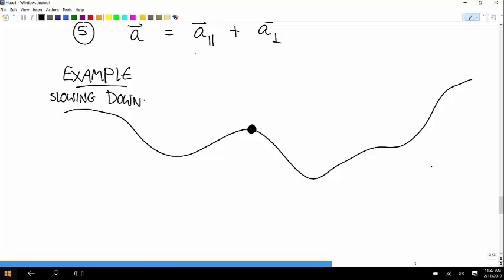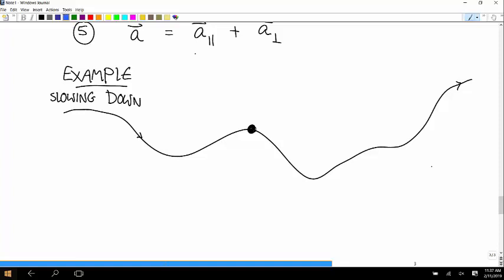Okay, is this a position versus time graph or a path in the physical world? This is the path. So the first step is to trace the motion of the object through space. Then after that, we have to know which direction it's going along that path.